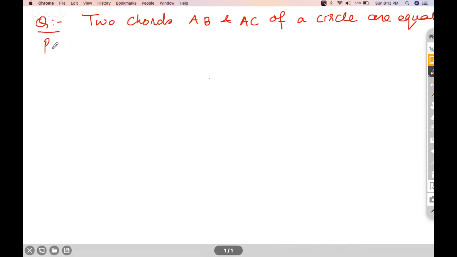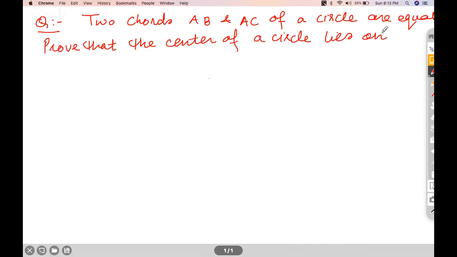Prove that the center of the circle lies on the angular bisector of angle BAC.